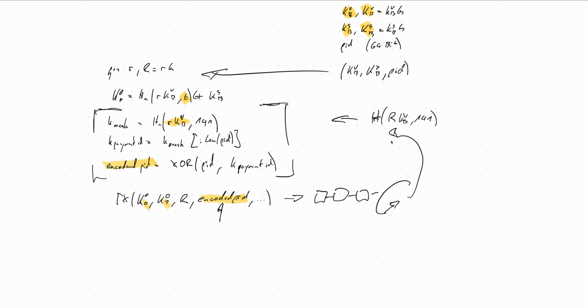And again, this and this are the same because of this shared secret part of the elliptic curve cryptography, and yeah, so it's the same, and the next steps are also the same.